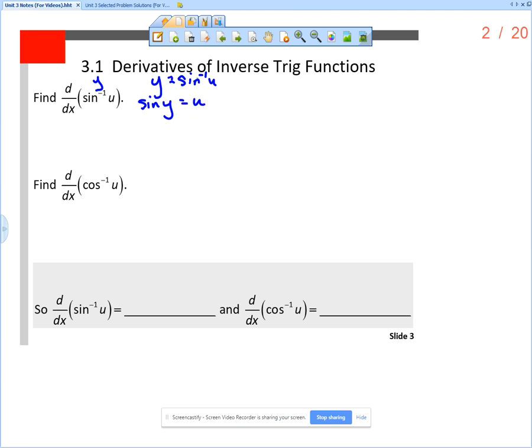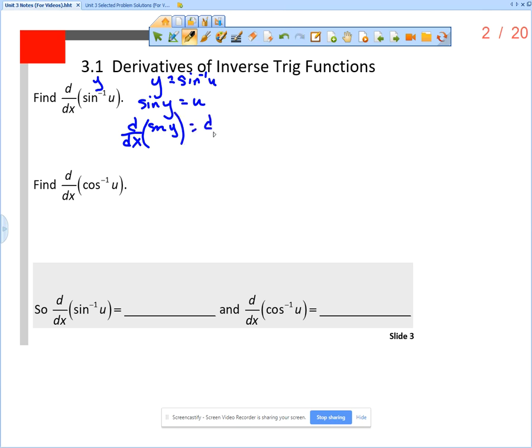And so we're going to take the derivative of each side here. So now what is the derivative of the sine of y with respect to x? So we're going to say d dx of the sine of y, and then d dx of u, right?